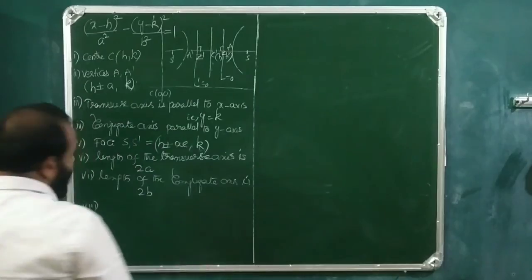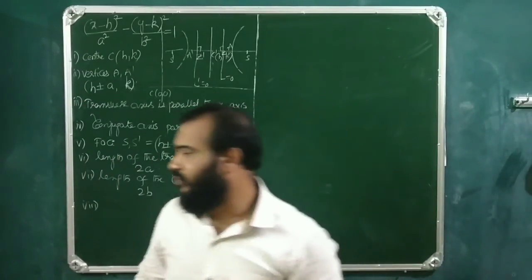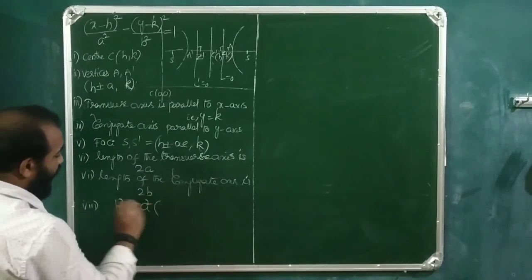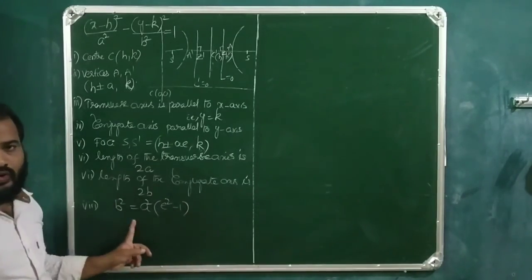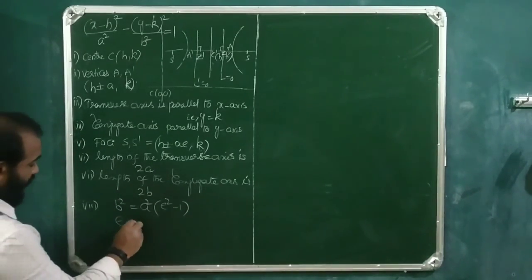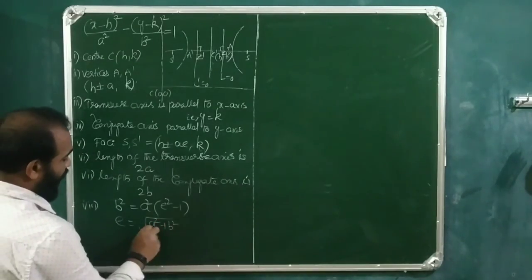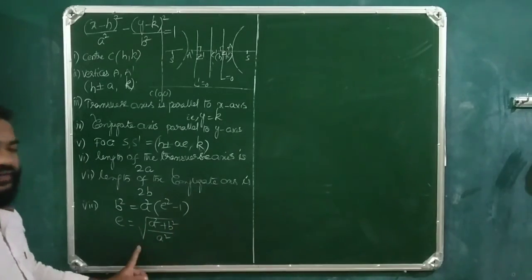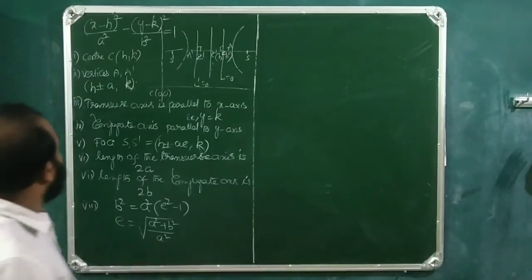And what is the relation between A, B and E? B square is equal to A square into E square minus 1. This is also not going to be changed. Here also E is equal to square root of A square plus B square by A square. In ellipse it is A square minus B square by A square, but in hyperbola it is A square plus B square by A square.